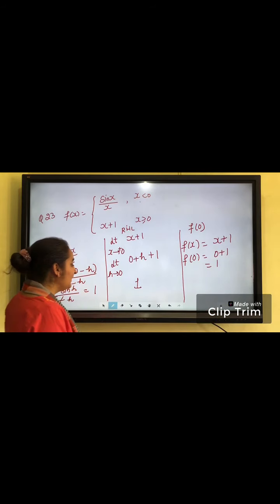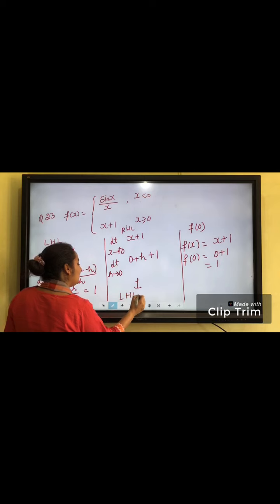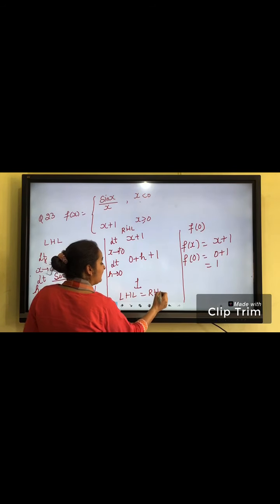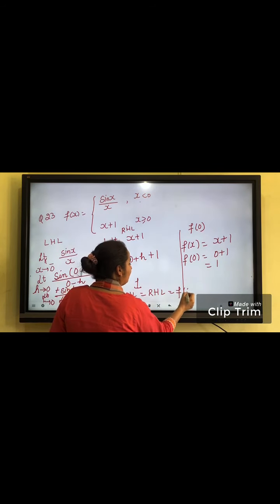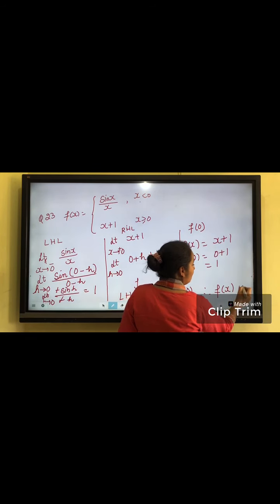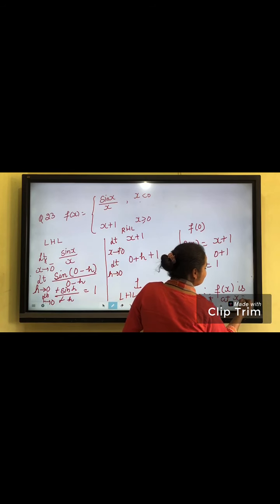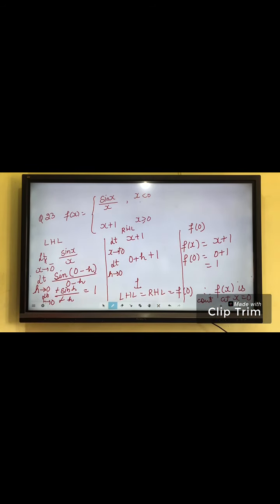Here all three steps are equal, that is, the left hand limit equals the right hand limit equals f at 0. Therefore, we can say that the function is continuous at x equals 0. This is the correct method to do continuity.